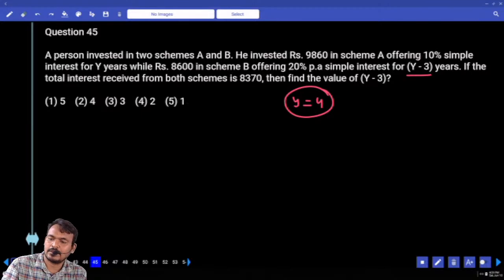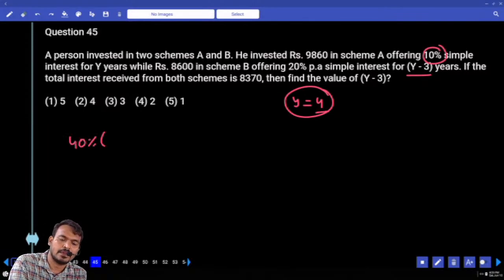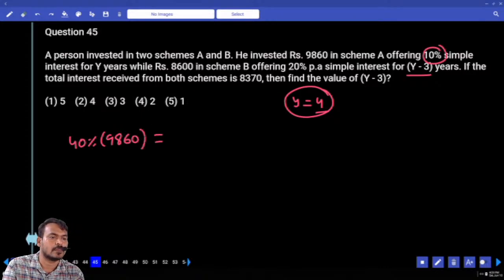What is the first rate? 10%. For 4 years means 40%. 40% of which one? 9860. 40% of 9860.